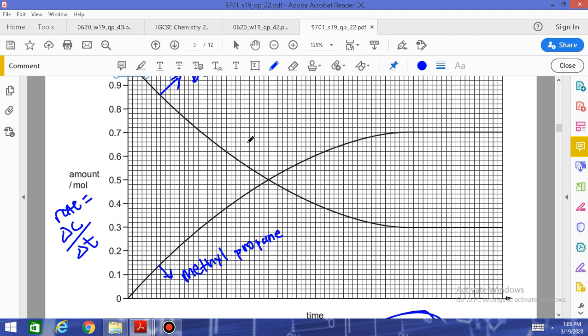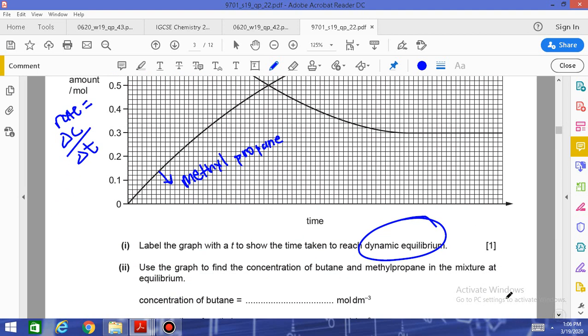So actually this graph represents the rate of reaction. Remember, when dynamic equilibrium has been reached, the rate of forward reaction and the rate of reverse reaction are the same, or the rate of forward reaction equals the rate of reverse reaction.